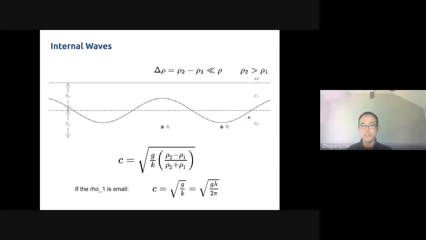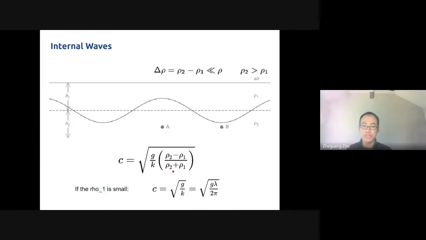Think about this: if rho 1 and rho 2 have no difference, if they are all water, we should get the same wave speed as a regular surface wave. So it depends on the difference: rho 2 minus rho 1, divided by the sum of the two densities.